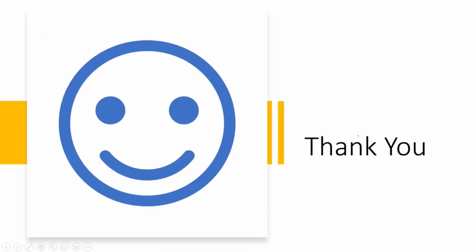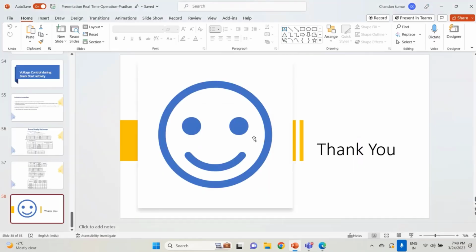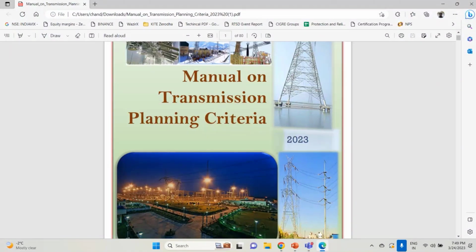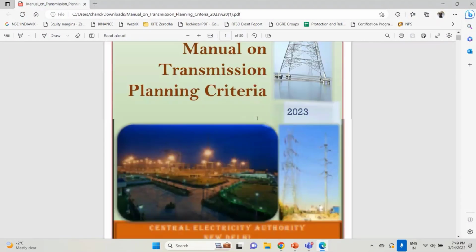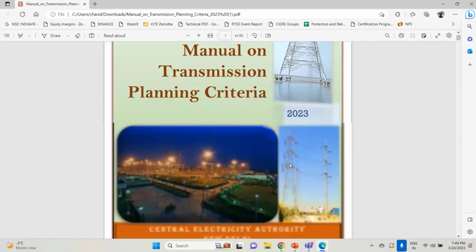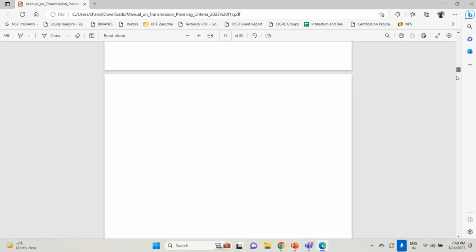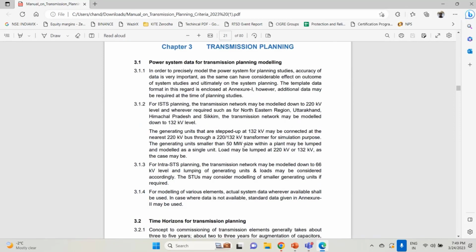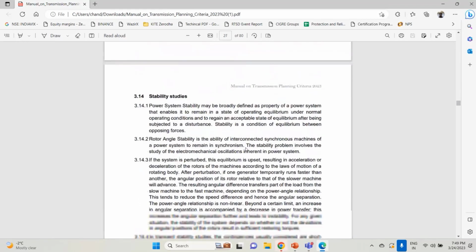So this is the overall point I wanted to convey. Just one thing I wanted to add: the new transmission planning criteria has already come out in March, and it will be applicable from April.